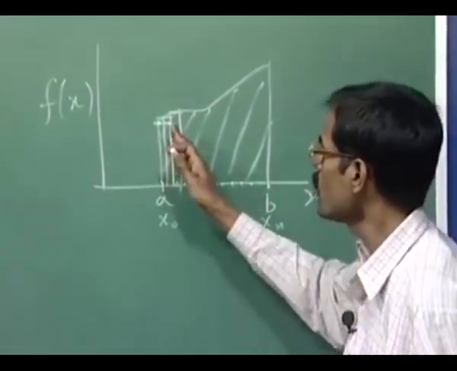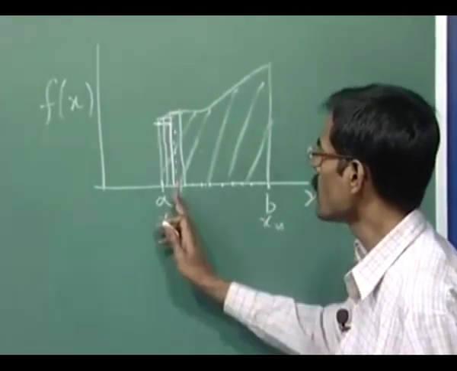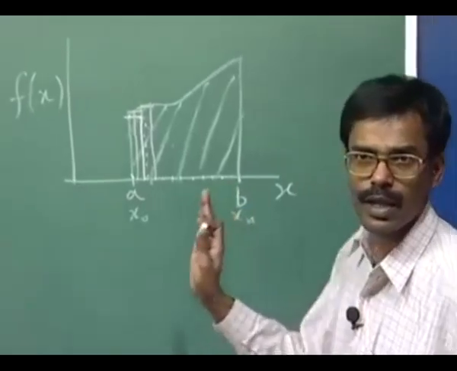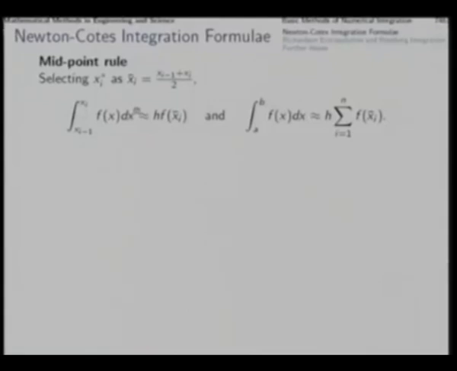So with that intention, with that background, we typically take the midpoint for a single point rule. So this is the estimate of this integral over a particular sub interval, and over the entire domain from a to b, these things will be added from x0 to x1, x1 to x2, x2 to x3, and so on.